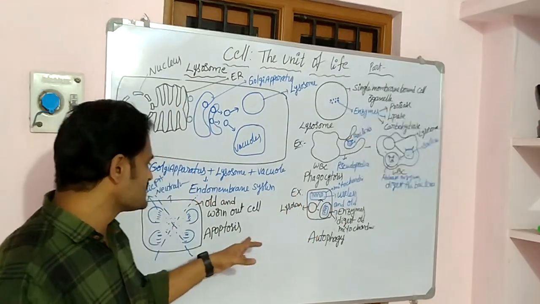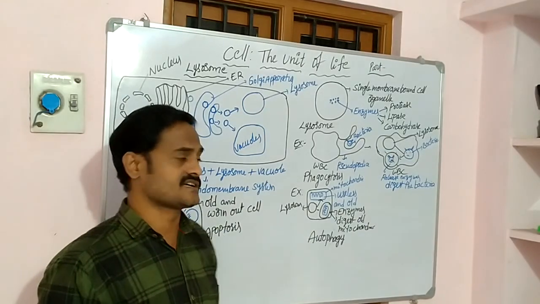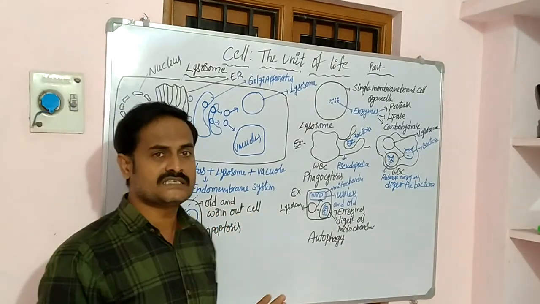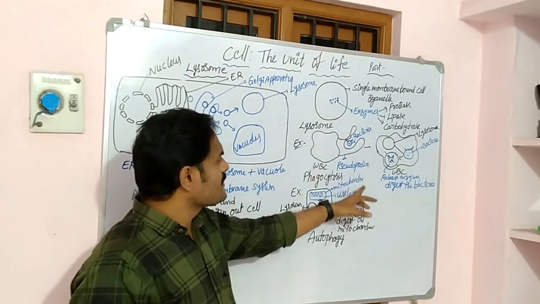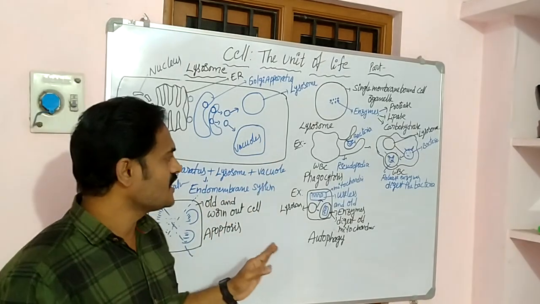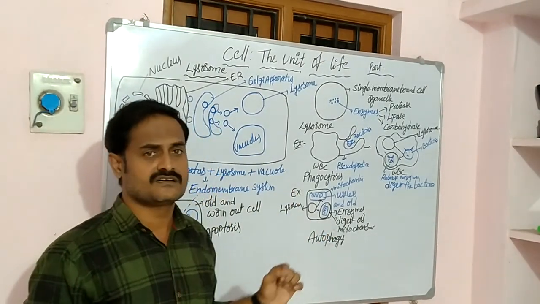The third process, apoptosis, occurs in old and worn out cells. So this is the complete information on lysosomes. Understood? If you want to take a screenshot, you can take it now.